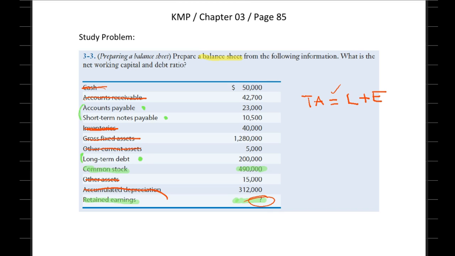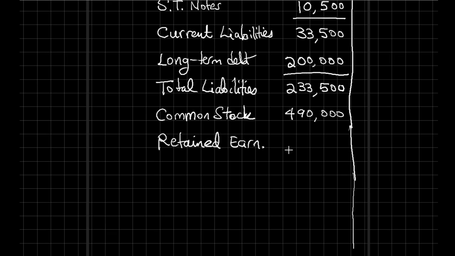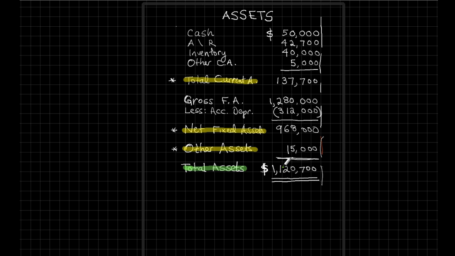So let's go back to our balance sheet. Also make sure our alignment line is good. We decided we have common stock in the amount of $490,000 and retained earnings at an unknown amount. Regardless, one thing that I know for sure is that the figure should establish that liabilities plus equity is equal to $1,120,700.